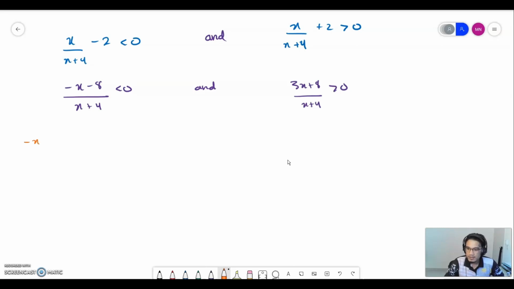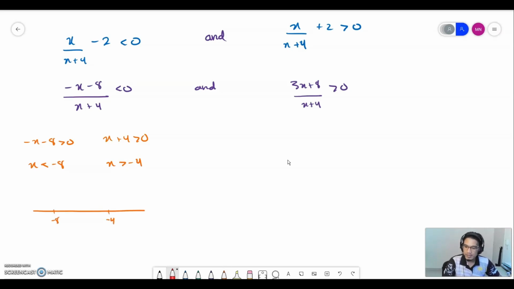So we have −x − 8 > 0, we make it bigger than 0 because we want to solve it by using the real number line. So x + 4 > 0. So we have x that is less than −8. So we have x that is bigger than −4. By real number line, we have −8 and −4.